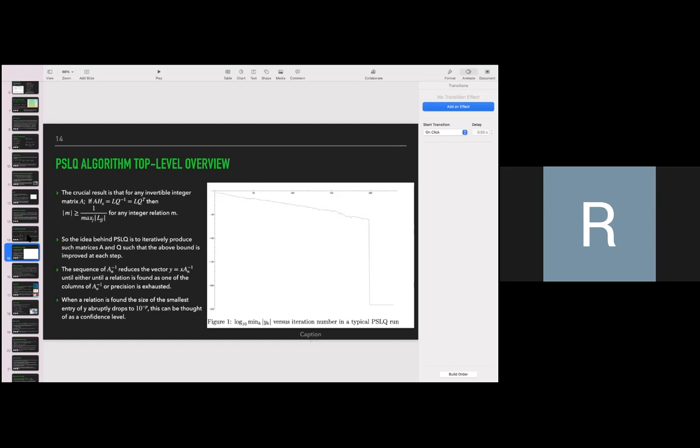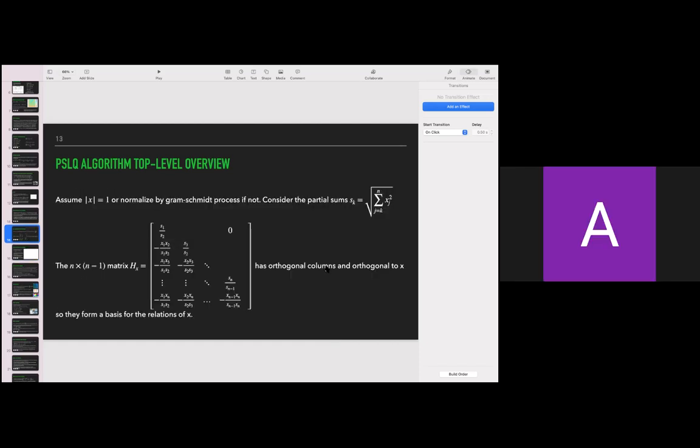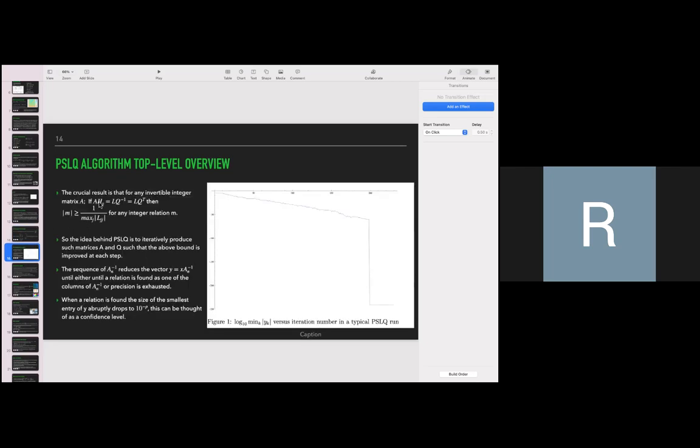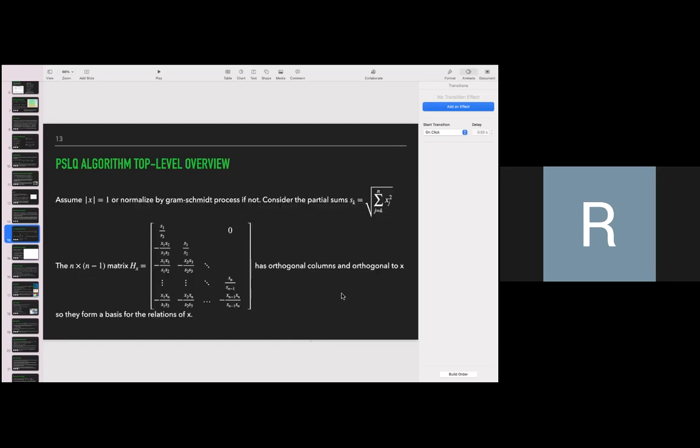Yeah, I think I misspoke here actually. When we do the LQ decomposition and we get this integer matrix A, which A times H_x is equal to LQ of T, I want to say that the A there is in fact our integer relation, and I don't know why I wrote that x form a basis for the relations of x. Well, let me look at the linear algebra quickly.